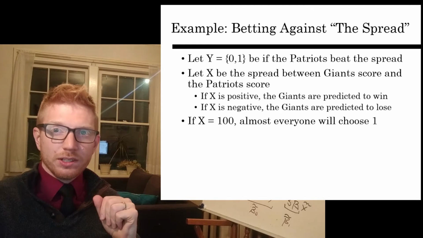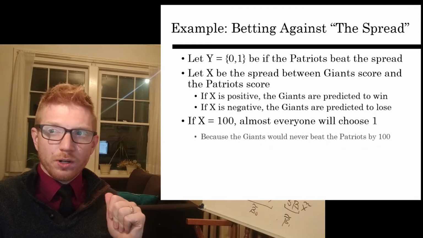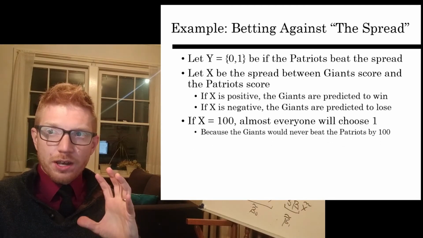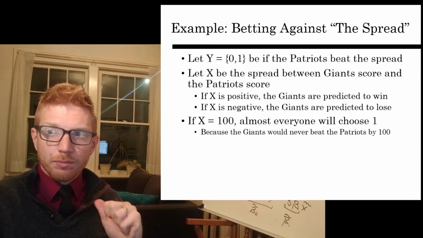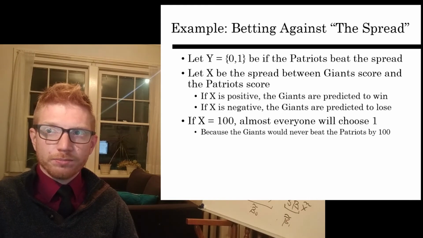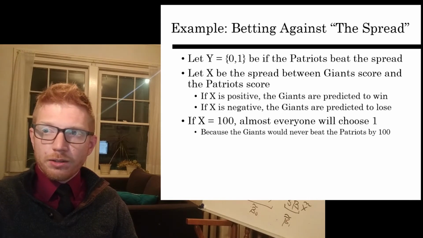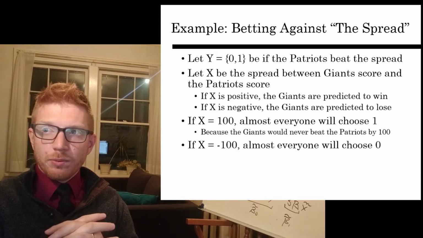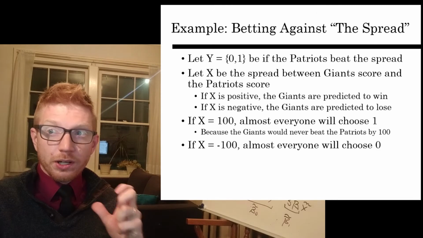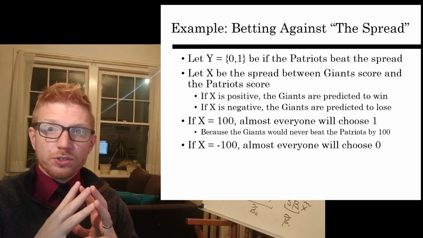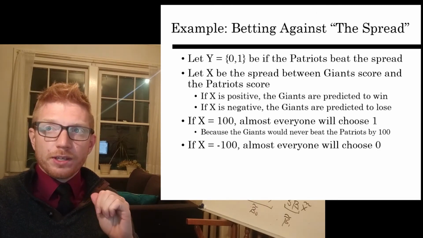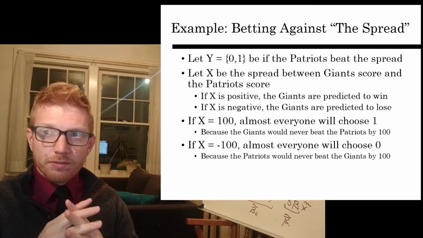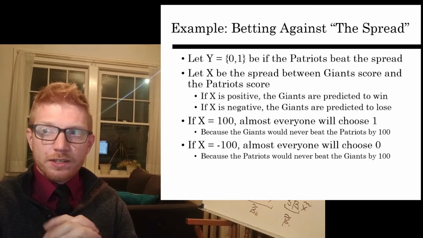Almost everyone is going to choose 1. The Patriots would never lose by 100. If X is negative 100, where the Patriots are going to win, almost everyone would choose 0, because the Patriots would never beat the Giants by that much.